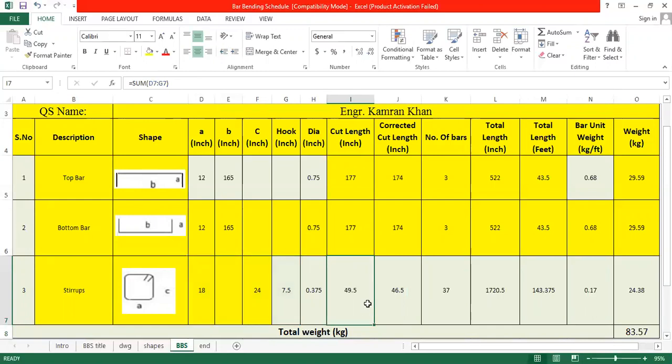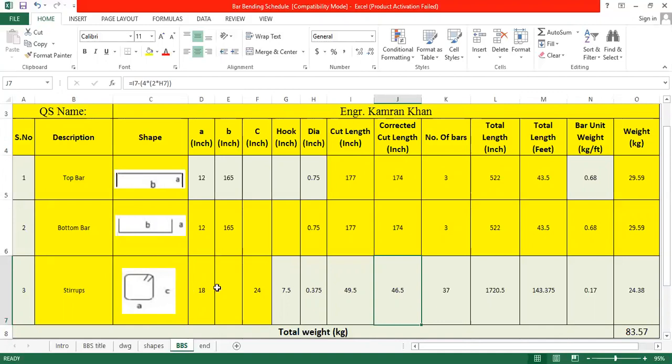Now the deduction and corrected length. How to find the corrected length? You can see there are four corners, 1, 2, 3, 4, and all these corners are bent at 90 degrees. For a 90 degree bend, I'm supposed to do a deduction of two dia bars. So two dia bars over here, two dia bars over here, two dia bars over here, and two dia bars over here.